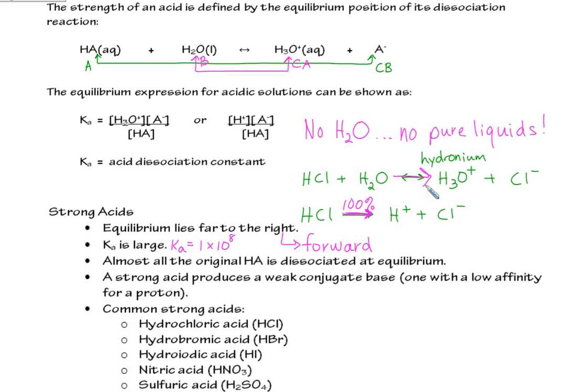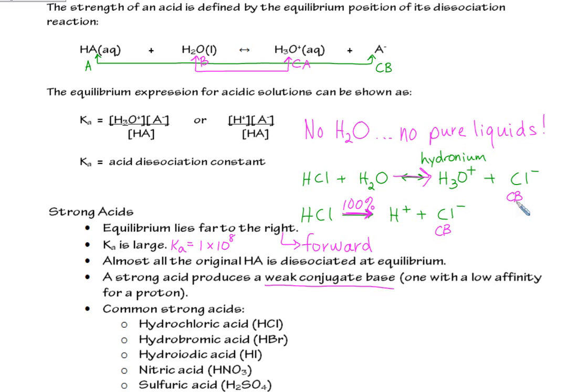Which means that a strong acid produces a weak conjugate base. So we said the conjugate base, in this case, would be the chlorine conjugate base. Since this thing really doesn't go backwards, it means that chlorine does not have a high attraction for that hydrogen ion. They really stay dissociated.